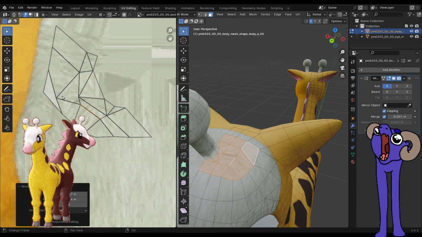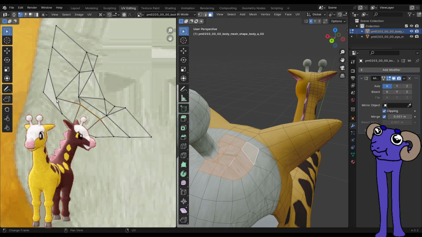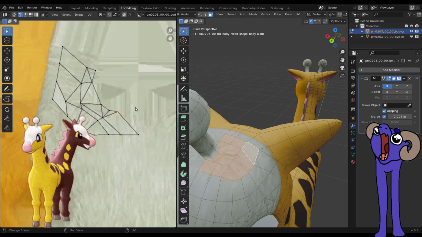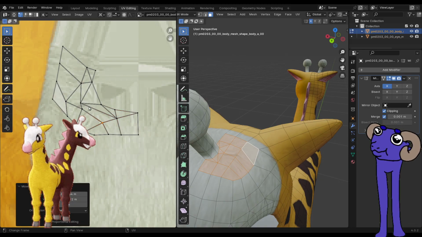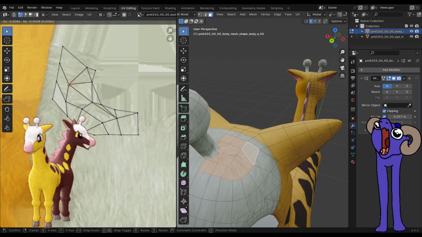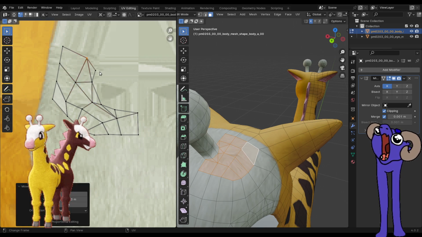Bigger polygons? Actually, yeah, maybe this should come all the way around to here. I'll wiggle the triangles until they stop looking weird.